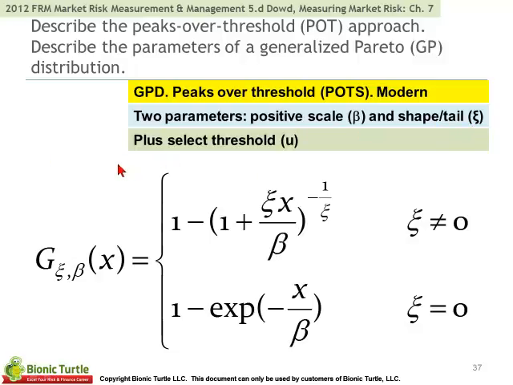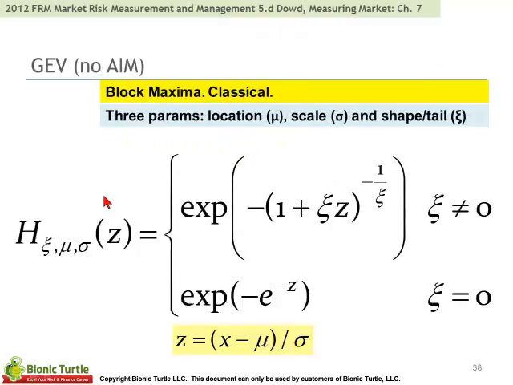Plus, we need to select that threshold. As opposed to the block maxima that divides the historical data set into time blocks and selects the worst loss within a time block.